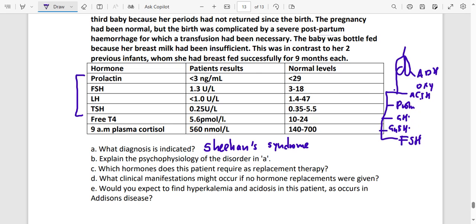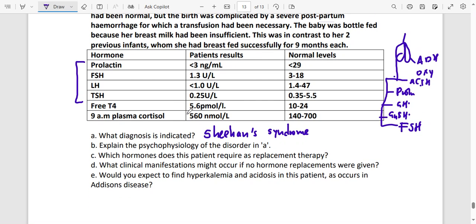Thank you so much. But in this case, they have asked for psychophysiology, isn't it? So what is the problem looking at? I bet we can check up in case there's any other psychophysiology besides the postpartum hemorrhage that leads to the ischemia of the pituitary gland, and that causes hypoxia to the gland.